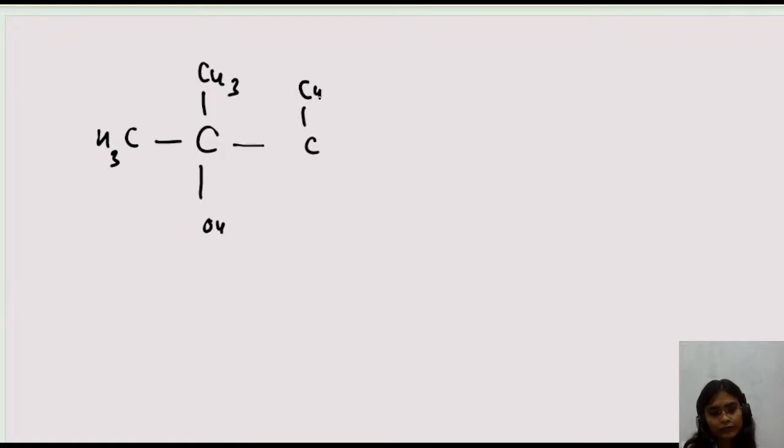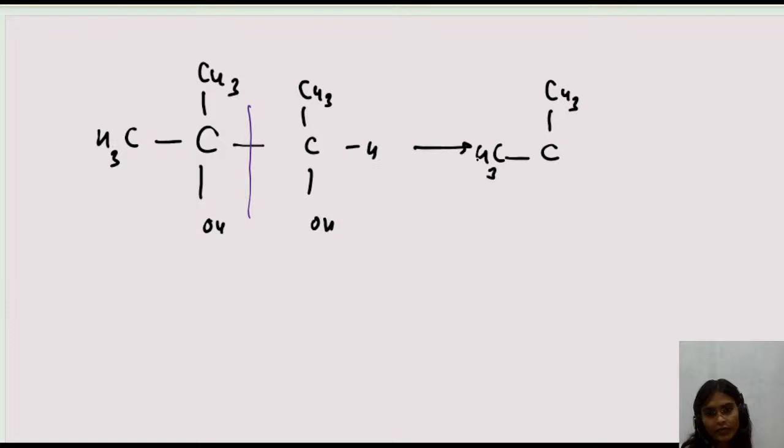Let's see example number two. What if I use this kind of diol? Same here, you quickly break the bond, and the directly connected oxygen quickly converts to a double bond.